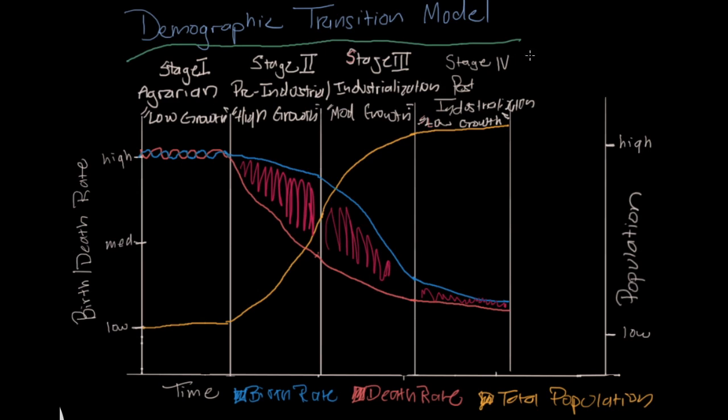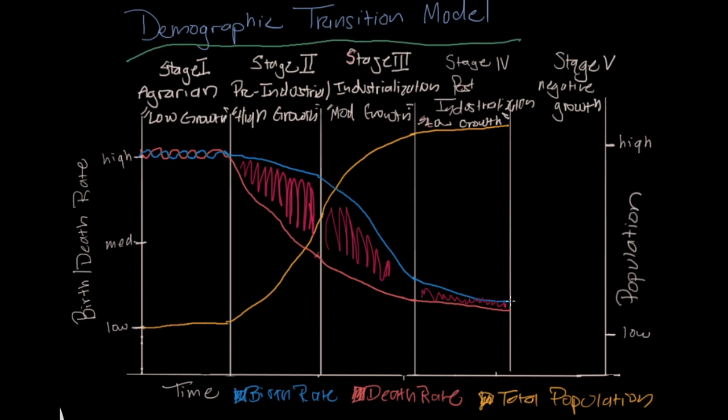Now, there's another stage called stage 5. And this is sort of a negative growth stage. And this is when socially, society has gotten to a point where families just aren't having as many children, or having a sufficient amount of children to meet the replacement rate of the country or to replace the population they currently have.